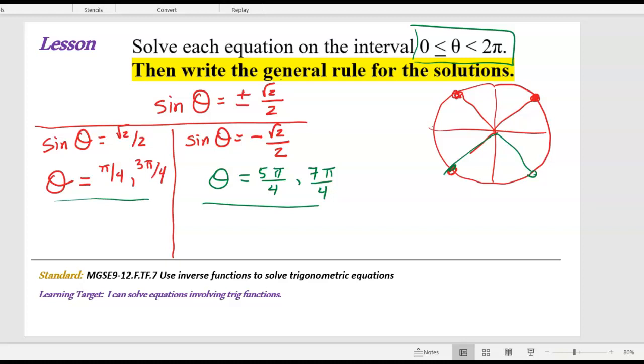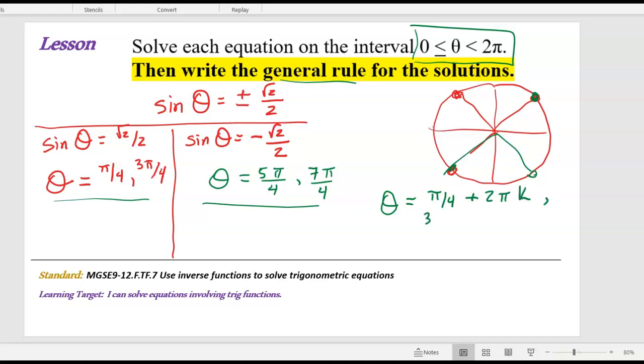So if you're going to write a general rule for this, if you take any one of these angles, none of which are coterminal, and add 2 pi, you get a new solution. So for the general rule, there are actually going to be 4 different general rules. You have pi over 4 plus 2 pi, 4 pi, 6 pi, etc. So remember, we write plus 2 pi k.